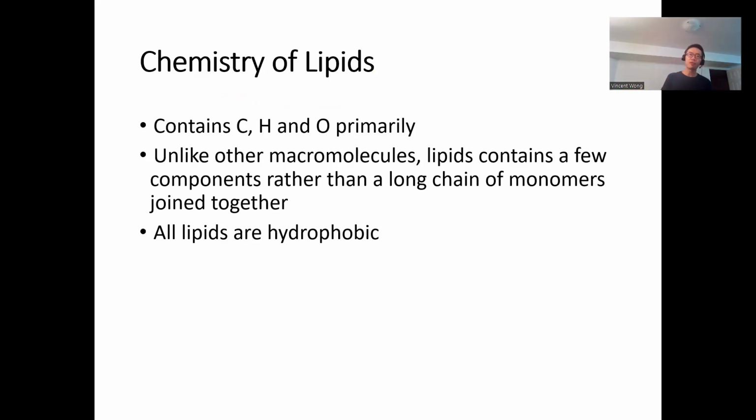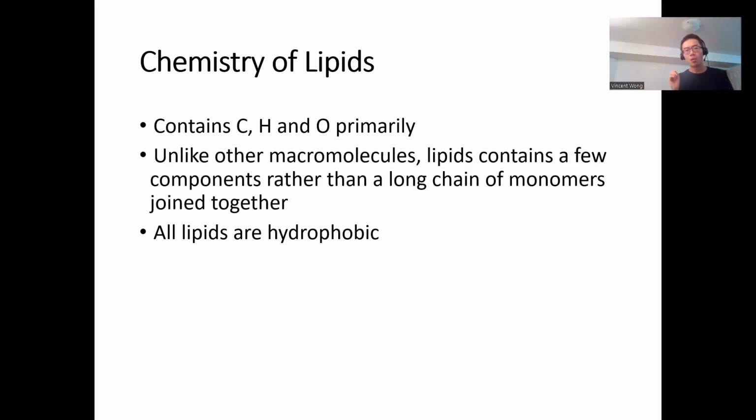Now, lipids are a little bit different compared to the other 3 types, carbohydrates, proteins and nucleic acids, because they do not contain long chains of repeating units. You know how in polysaccharides, it's multiple glucose all linked together to form this long train, kind of like a GO train? This is not like that.